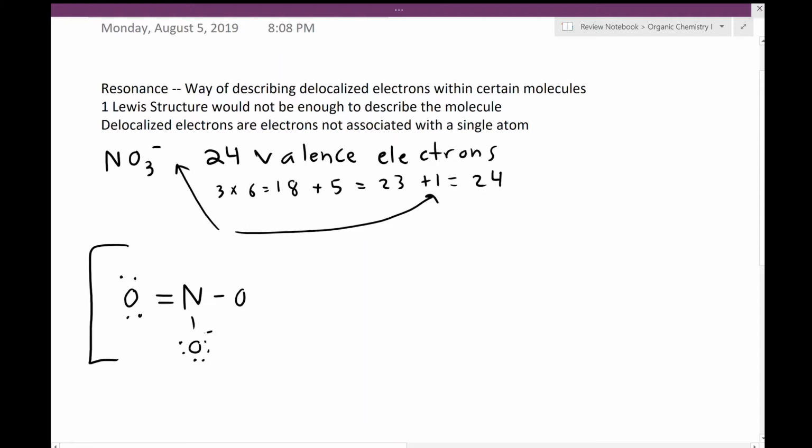Now it's negative here. We know this one has no charge because we count 6 on our oxygen. Nitrogen here has 8. You got 7 on this oxygen, one too many. And this oxygen has 7, one too many.